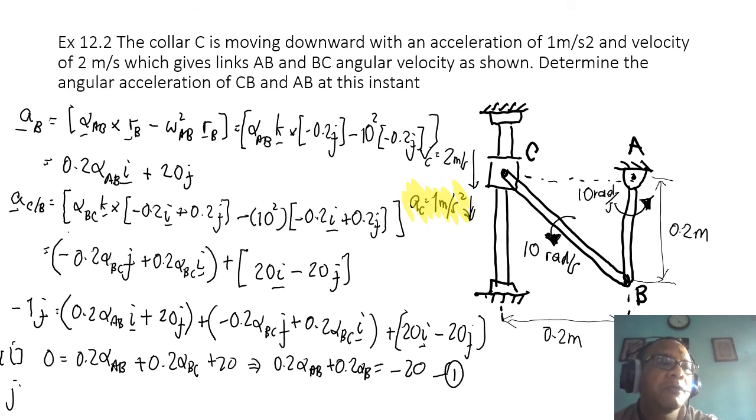And then we can solve for the J part. Minus 1 equals 20 minus 0.2 alpha BC minus 20.